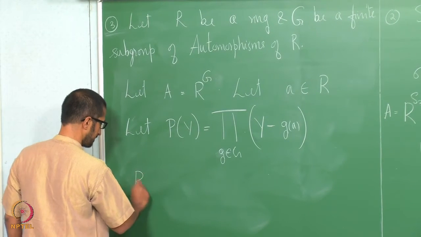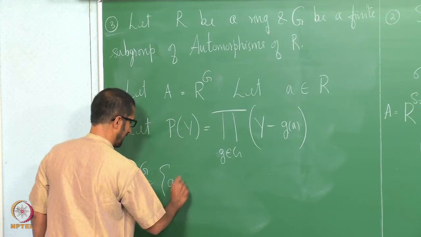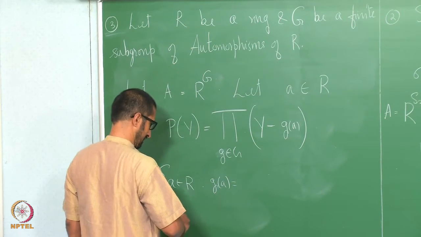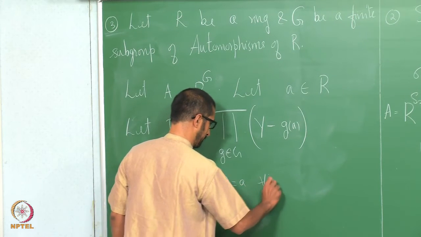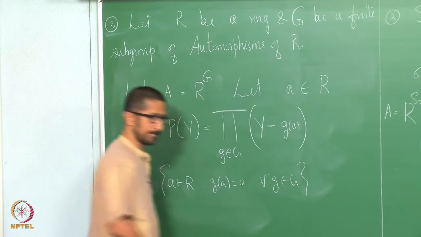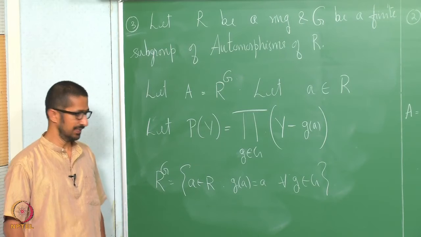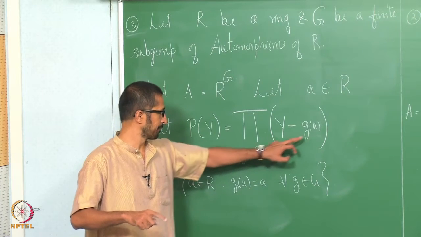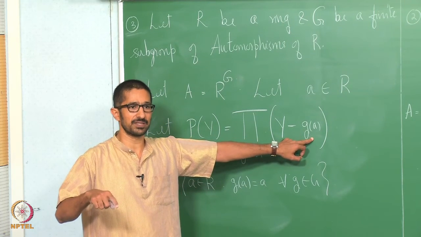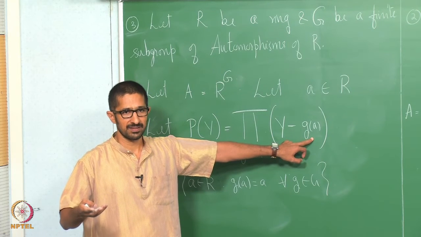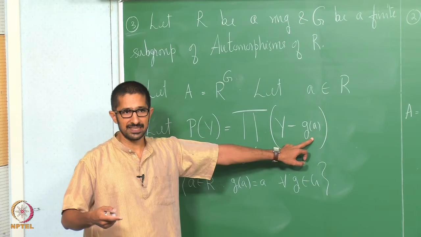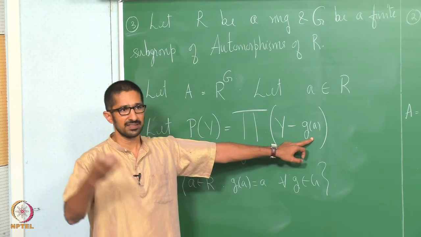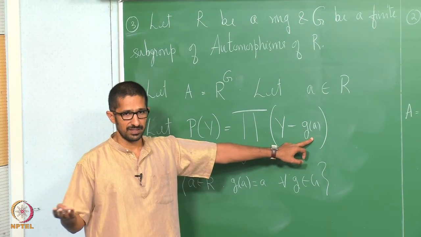R^G is the set of all A in R such that g(A) is A for every g in G. Now, if I take the summation over g of g(A) for a fixed A, and apply g prime on that, g prime g as g varies over G is the same as g varying over G. It will be the whole group again.